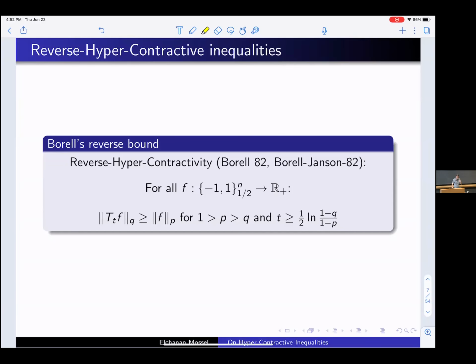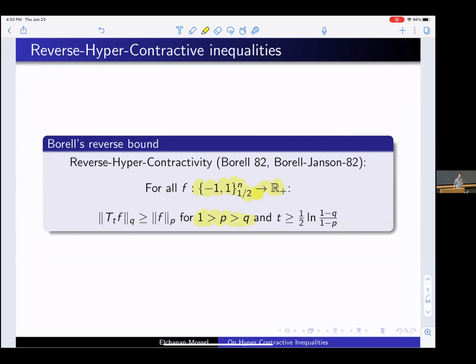In the 80s, two Swedish mathematicians, Borell and Janson, together in a paper said, well, actually you can do something similar in the same setting for positive functions. So I'm writing the functions map to R plus, they only take positive values, but I'm going to do things a little differently. My norms are going to be less than 1.